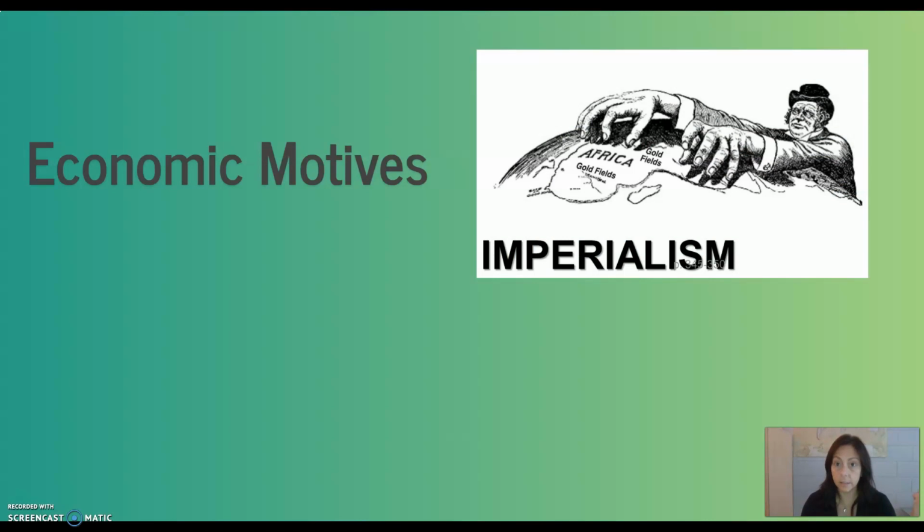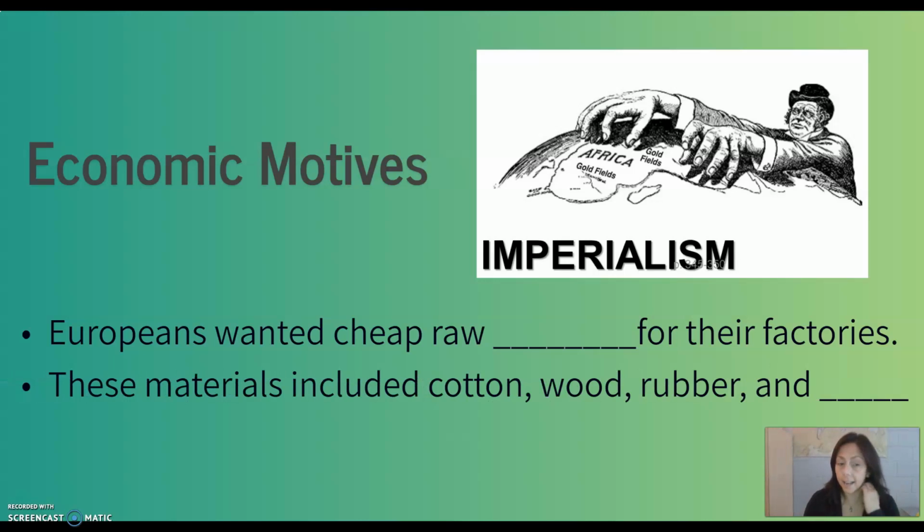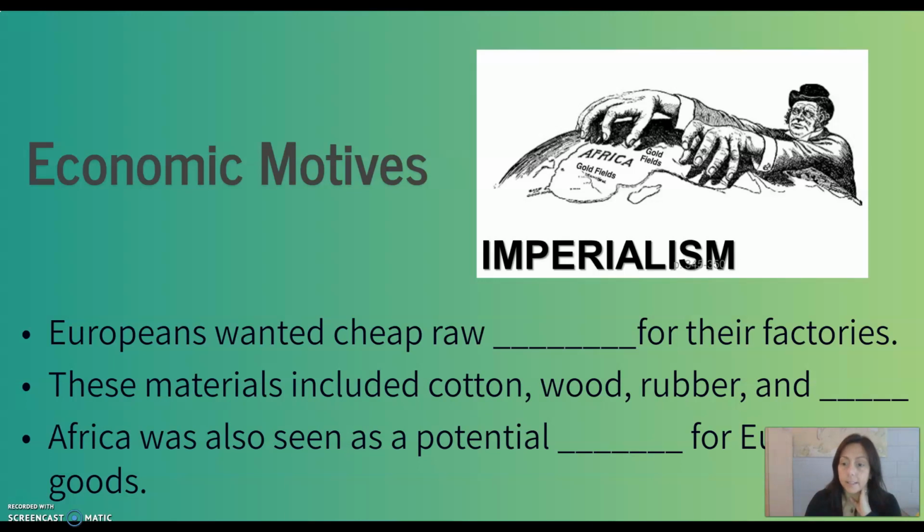So first reason for imperialism, economic motives. Motives meaning motivations. So you had Europeans that have just come out of the age of industrialization, producing and manufacturing goods in their factories, and they need more cheap raw materials.